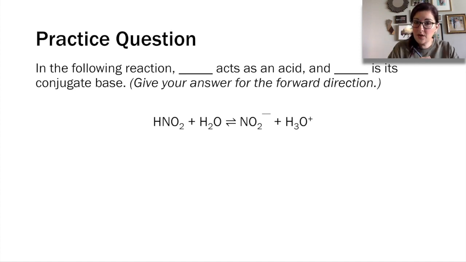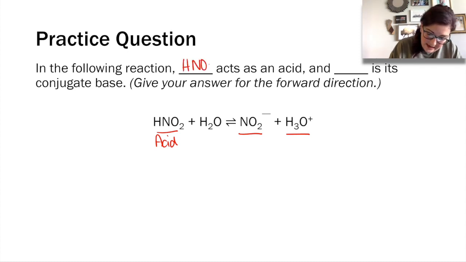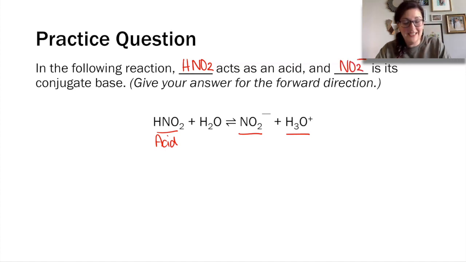Okay, so if we look at what's going on here, we know that we have an acid reacting with water because we get the hydronium ion, and the thing that's left over from that acid is that conjugate base. So HNO2 is acting as our acid, and NO2 minus is its conjugate base. Remember that the conjugate base only differs from the acid by losing one proton.